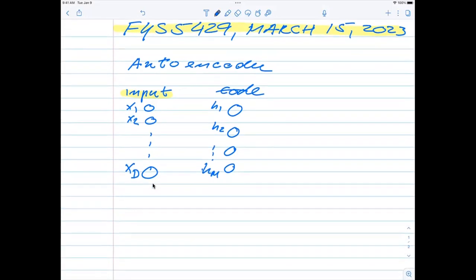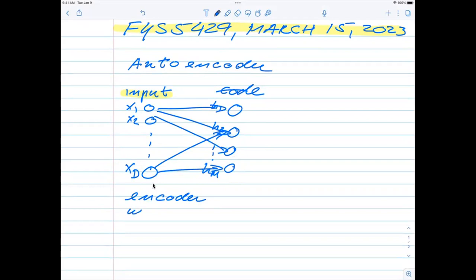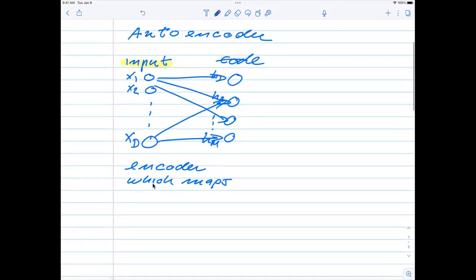And these are connected, so this feeds in information here, the same with this one, etc. This defines what's called the encoder, and it maps x to h via a function f.